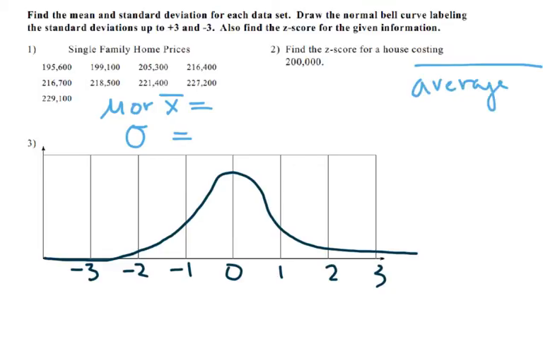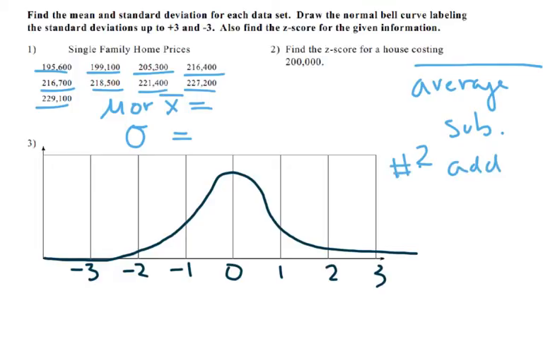You take that average and subtract it from all of these numbers. Then once you've got those new numbers, you square them and add them. So you square the numbers, add, and basically find the average of the squared numbers.